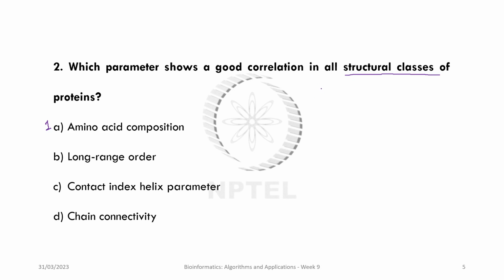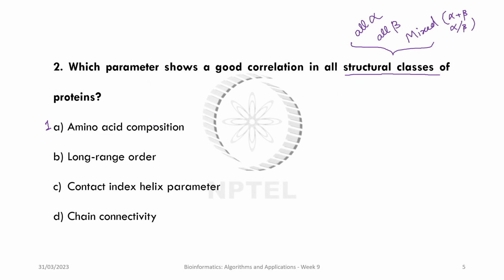So what are the structural classes of proteins? At least in the lectures for this week, we had all alpha, all beta, and mixed, which has alpha plus beta, alpha, beta. So which parameter shows a good correlation in all structural classes of proteins?